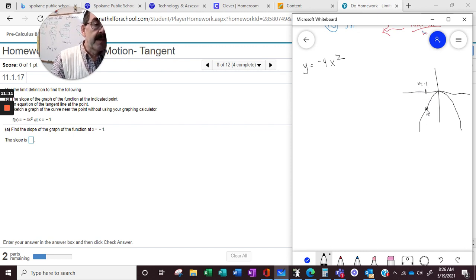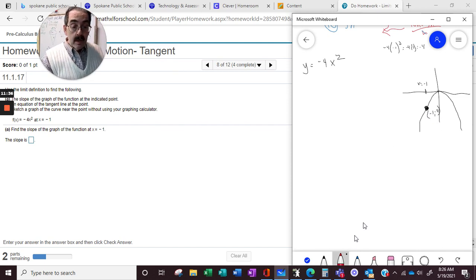Let's just calculate this point real quick. Negative 4 times negative 1 squared: negative times negative is a positive 1, so it equals negative 4. This point right there is negative 1 comma negative 4. So there's our point.